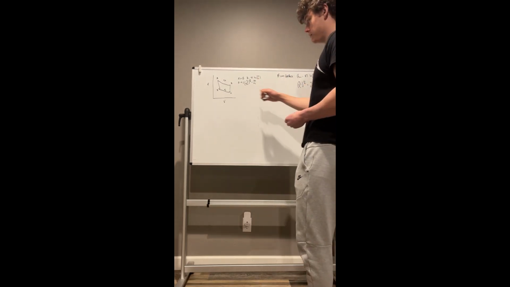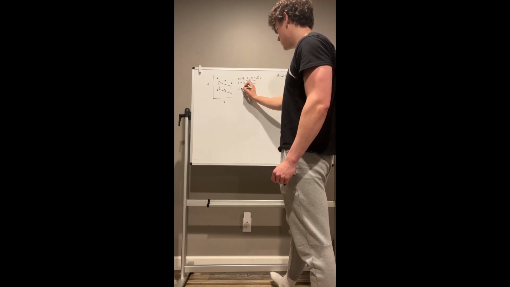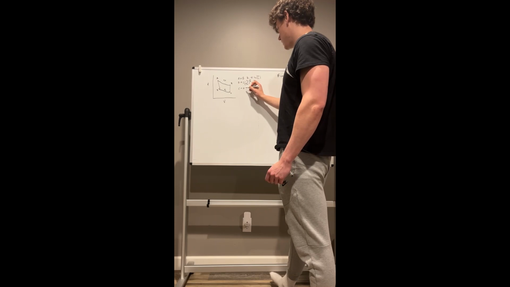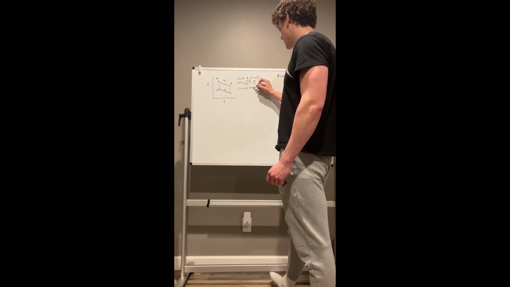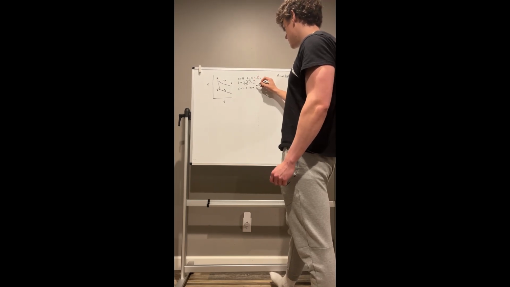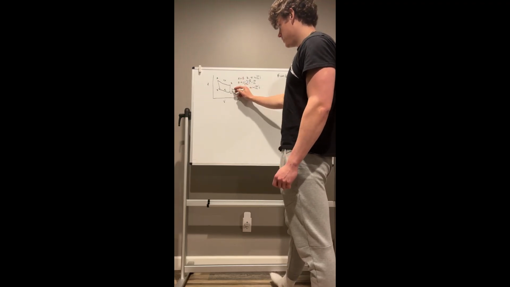And then our next would be from C to D. So C to D, Q is going to be equal to RT ln of V2 over V1, which in this case would be VD over VC. And lastly, we have our A to D, and in both of these, our Q is equal to 0.